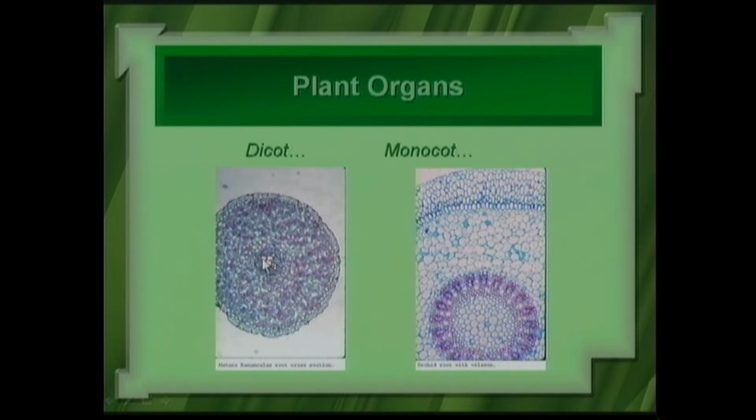In the dicot you have the 4-parted or 3-parted or 2-parted xylem area with the phloem between them. And in the monocot, you'll have individual xylem cells, and between them you'll have the phloem between the xylem cells, in a monocot.